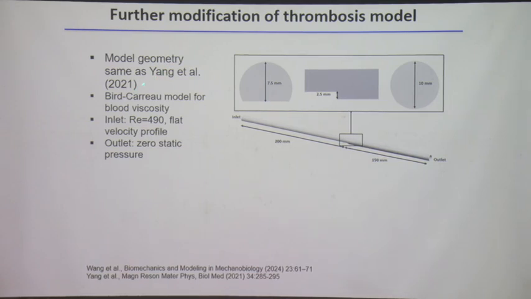They used MR scanners to visualize thrombus formation in an idealized geometry. They created a backward-facing step, and the geometry looks like this. So this is the actual model with a backward-facing step.